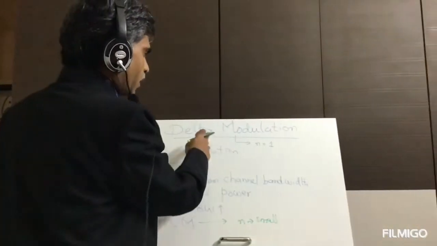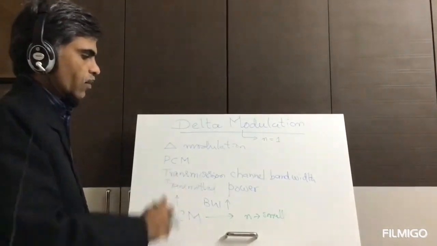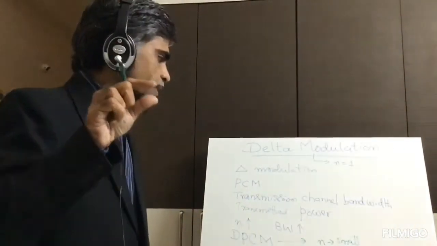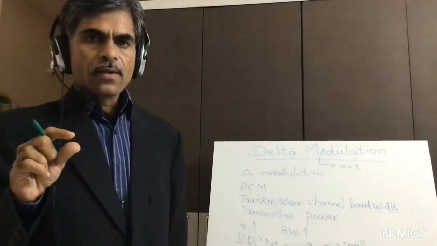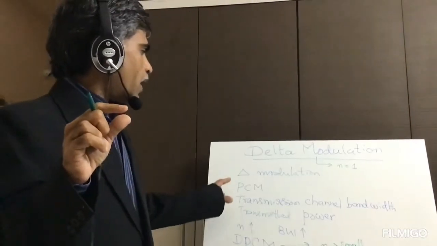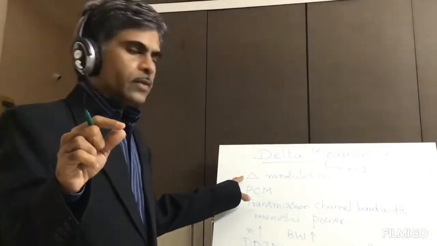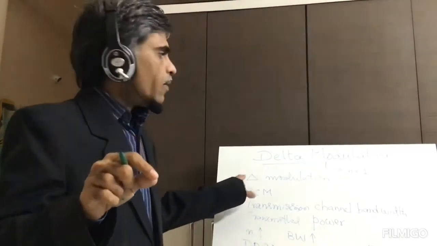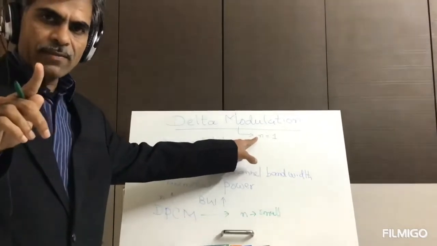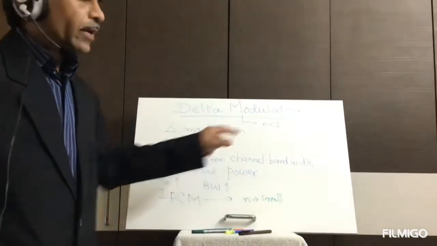So delta modulation is the simplest form of differential pulse code modulation, where the difference between successive samples will be coded, and that difference is very small and is named delta. To encode that difference, we require only 1 bit: 2 quantization levels and only 1 bit at a time will be coded here.